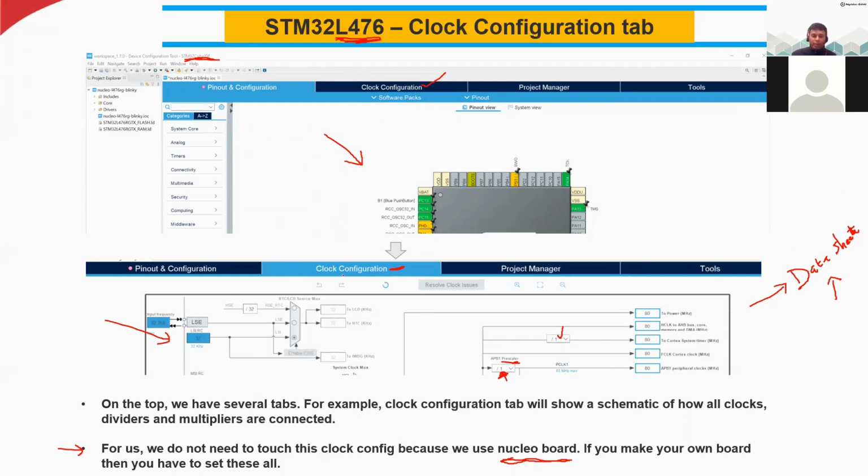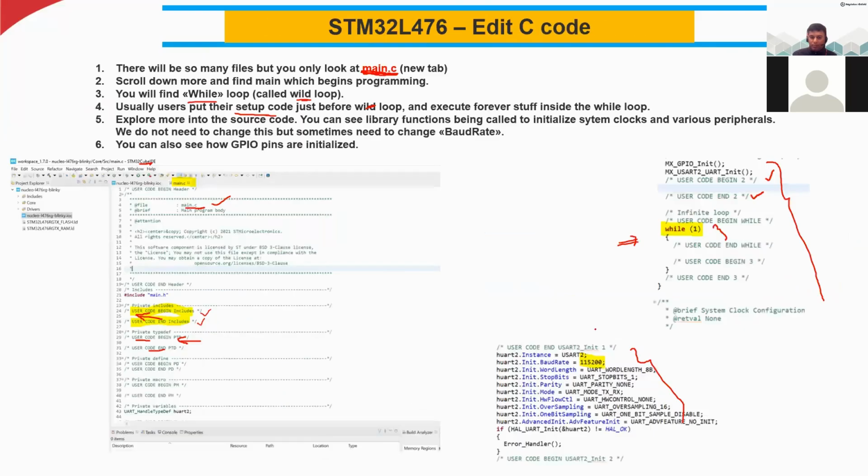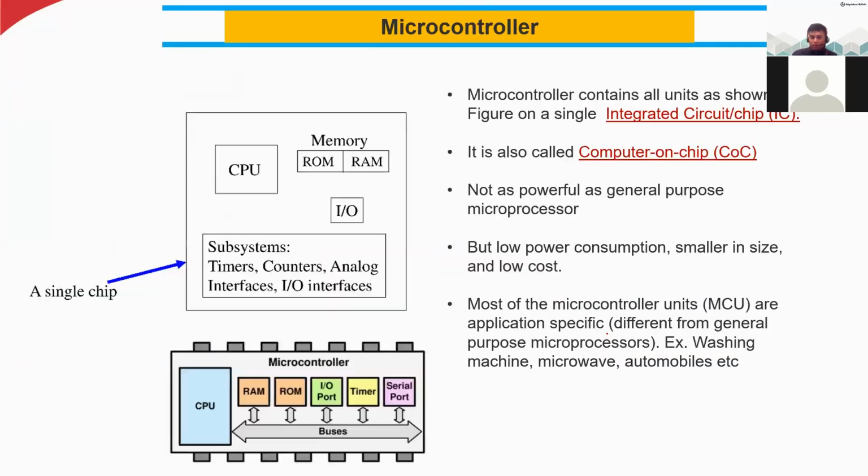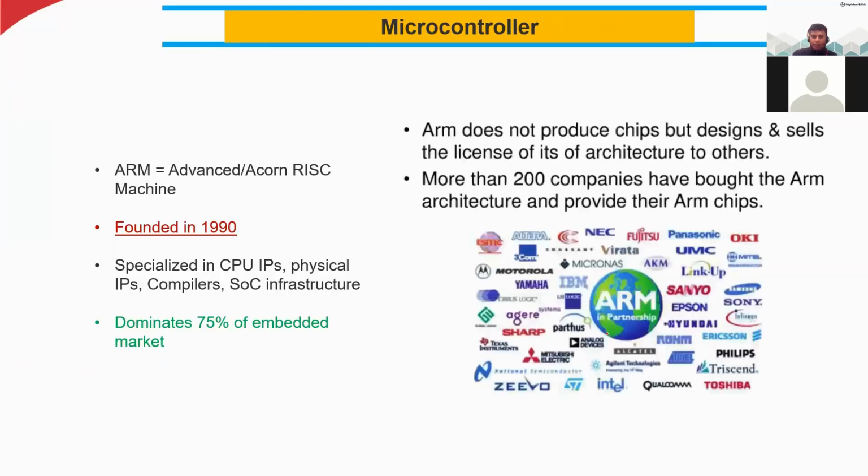If you click this clock configuration, you will see the clock schematic. In this clock schematic, you will see the complete clock signal configuration, how the clock signals are connected to different blocks, what the prescaler value is, and so on. The same one I am showing here now. You have to connect the theory and the practical.